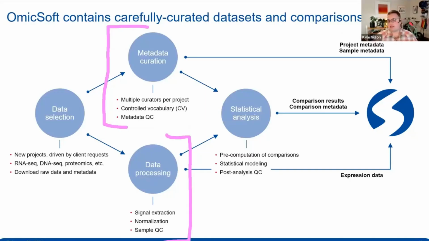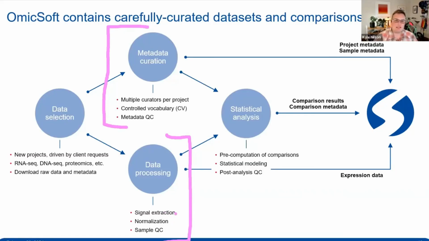So for metadata curation, that means we are making sure that there aren't any kind of mistakes and that everything has a unified vocabulary. So that means remapping everything to our own ontologies, and then also taking the time to make sure that those changes or any kind of curation we do make sense and match the original manuscript as well as any other conclusions in the field.